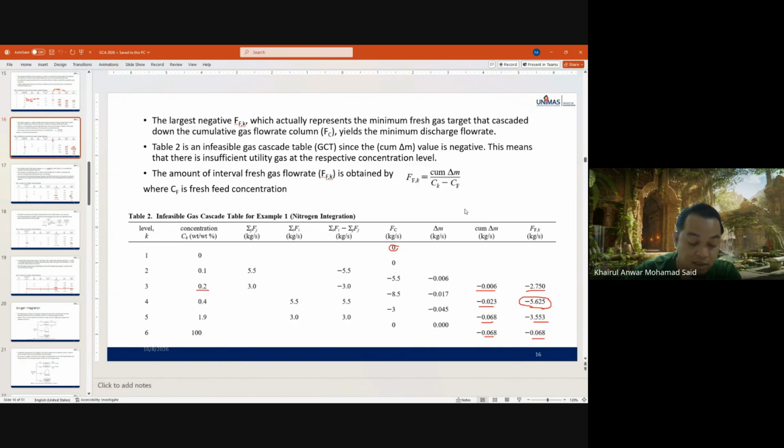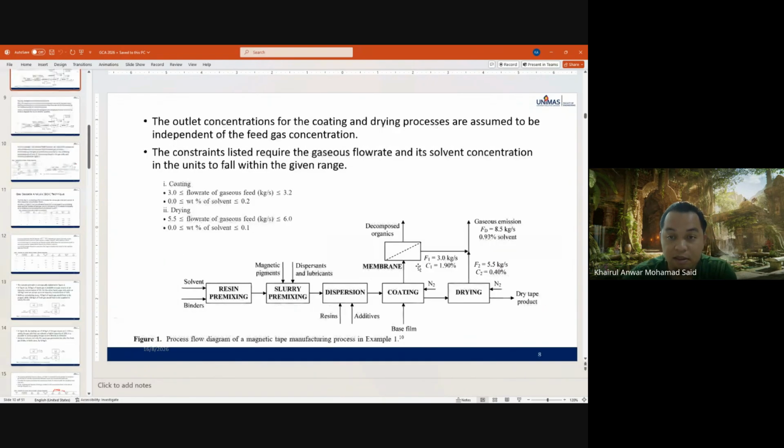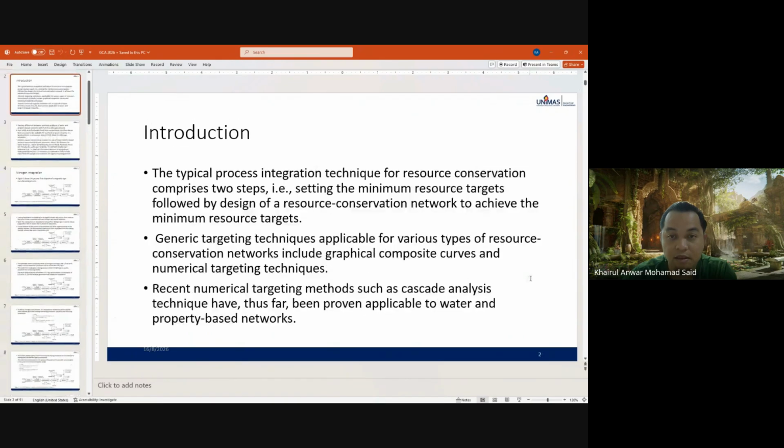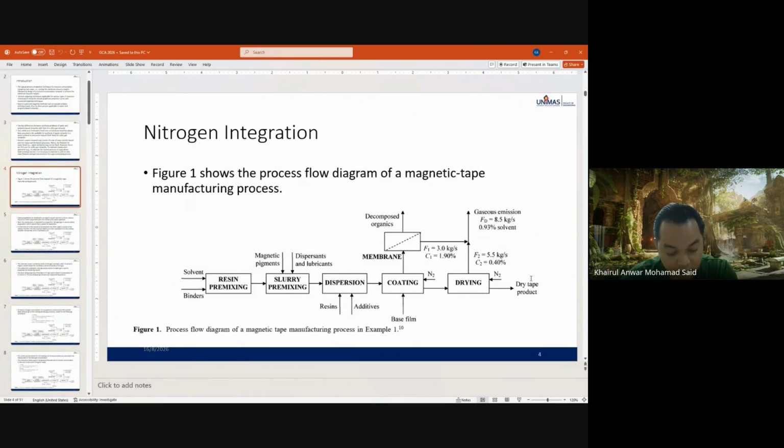This case study illustrates the application of GCA to a magnetic tape manufacturing process utilizing nitrogen utility gas to maximize recycling and nitrogen reuse.